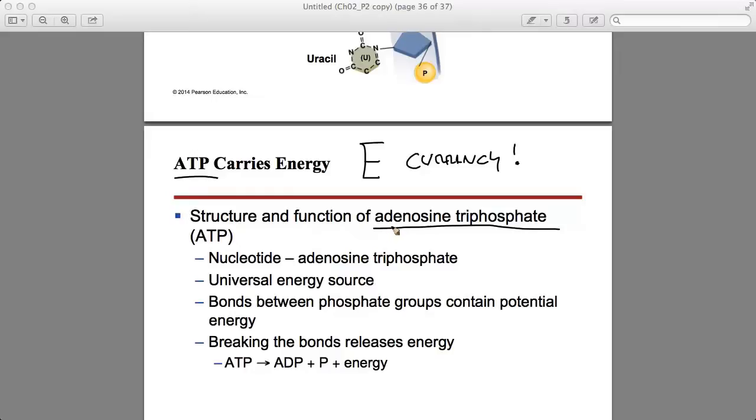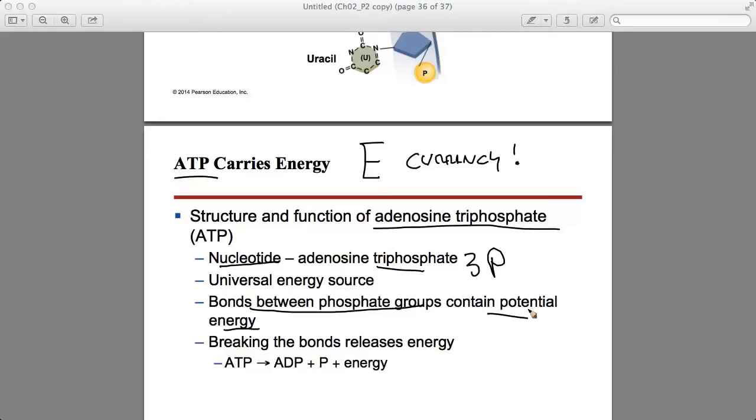ATP, the adenosine part, is a nucleotide, as you probably have identified. And the bonds between the phosphate groups in the adenosine triphosphate, so they're triphosphate, there's three phosphates there. The bonds between those phosphate groups is where the potential energy is contained.